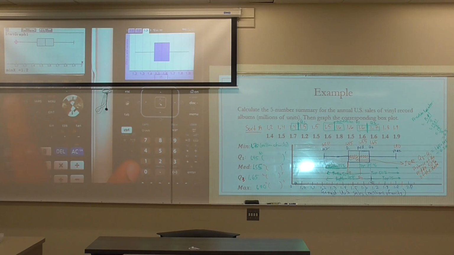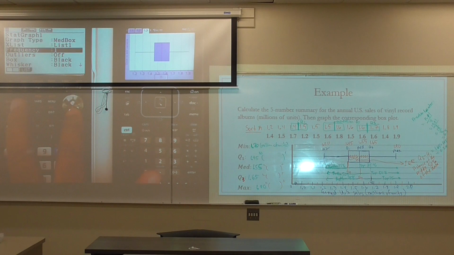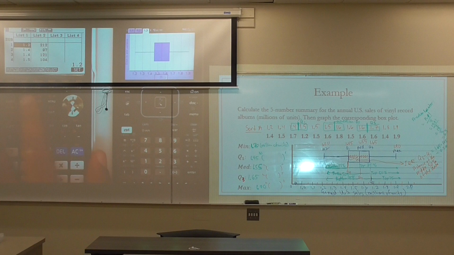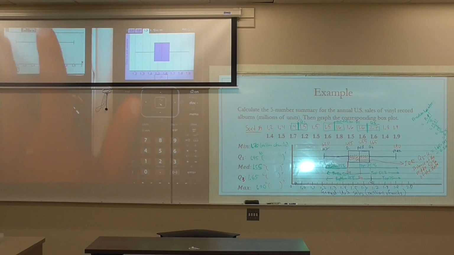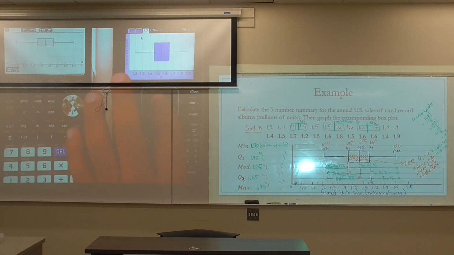So if I do the same thing, I exit, and I go back to my set, and instead of having outliers off, I have outliers on. Okay, and I graph it. It's going to try to graph the outliers, but it's saying there's no outliers. And that pretty much just makes sense because when I first came over here and graphed this guy, we didn't see any.